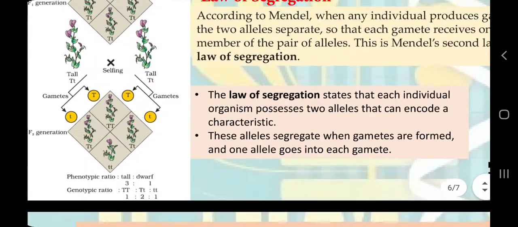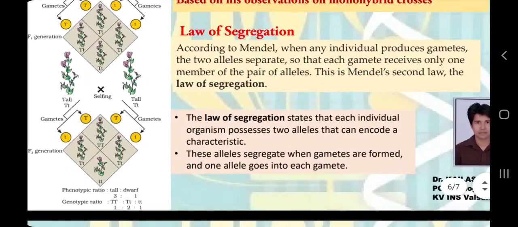And what is the law of segregation? The law of segregation says that during gamete formation, alleles for a character segregate so that each gamete receives one allele, and because of that we receive parental combinations in the F2 generation again.